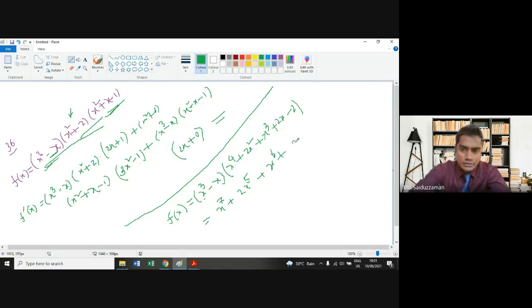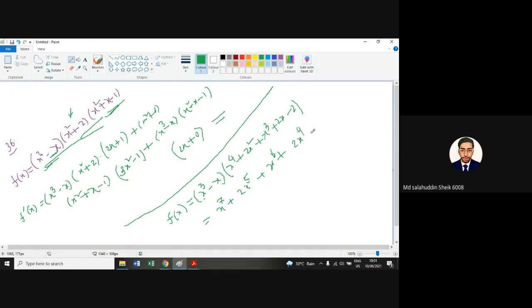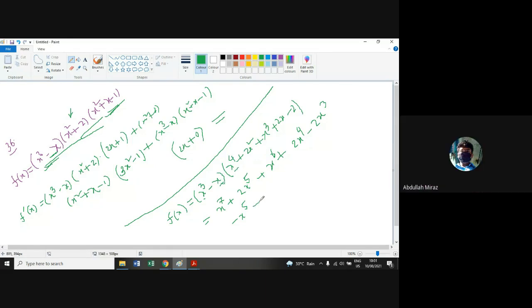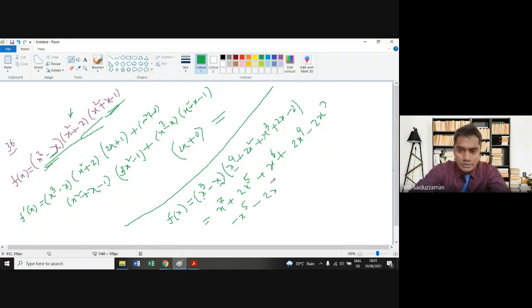Next part is 2x to the power 4 minus 2x cubed. Then the second part, minus x to the power 5, that is x and x to the power 4. Then minus 2x cubed, minus x to the power 4, minus 2x squared, minus twice x. Okay, clear?